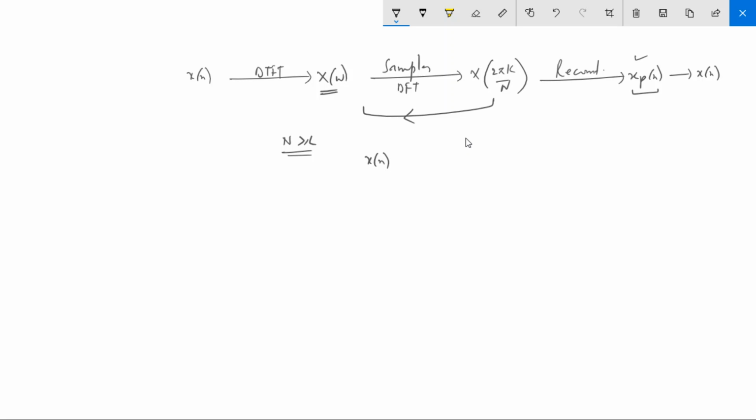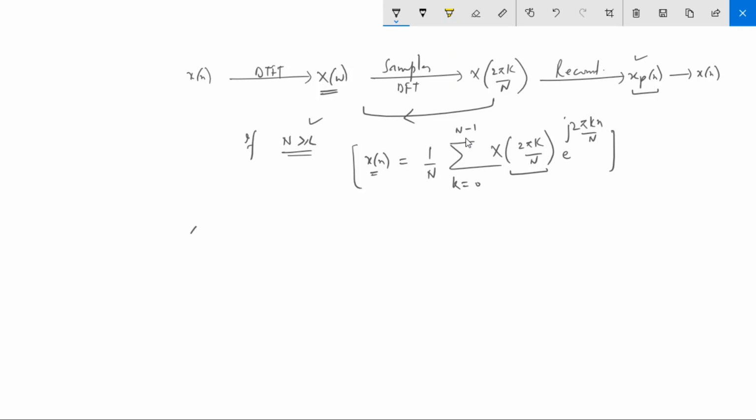So we already have this equation for how you can reconstruct x(n) from the samples of X(omega), and that is 1 by N summation of X(2 pi k by N) e raised to power j 2 pi k n by N, where k is from 0 to N minus 1. If N is greater or equal to L, your xp(n) and x(n) are the same, so in place of xp(n) I am directly using x(n). Okay, so this is how you recover the original sequence x(n) from its samples.